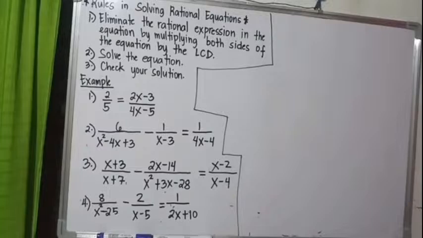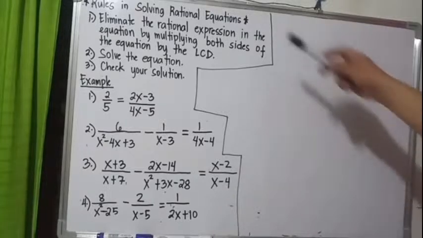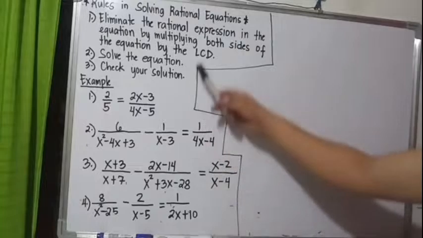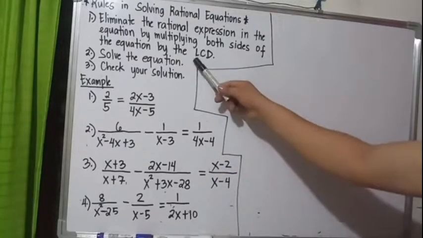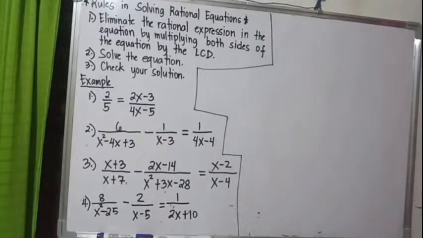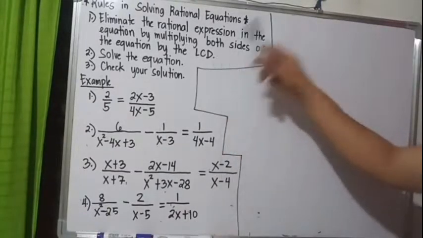So we have to eliminate the rational expression in the equation by multiplying both sides of the equation by the LCD. Saan natin makita yung LCD natin? Makita natin ito sa denominator kasi least common denominator.